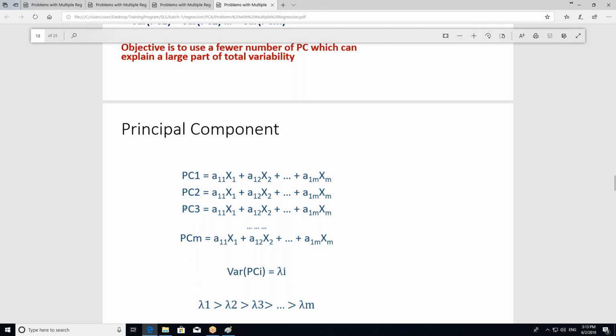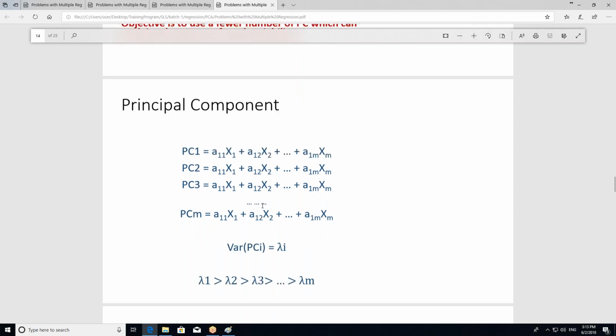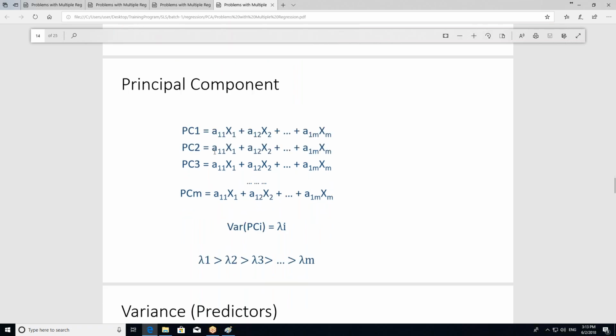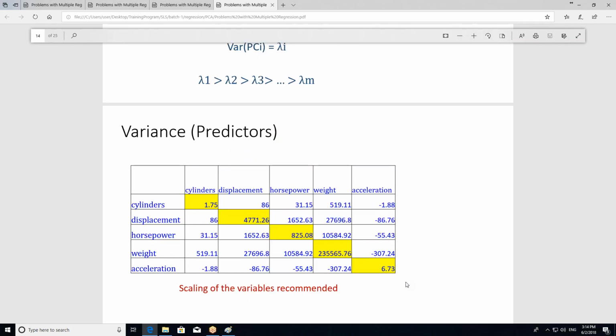Now PC1, PC2, PC3, PC5 are all orthogonal. They are nothing but eigenvectors, and each eigenvector is orthogonal to another eigenvector. Now the variation of PC1 is nothing but lambda 1, and lambda 1 is greater than lambda 2, greater than lambda 3, up to lambda m. Okay, so is it clear till now?